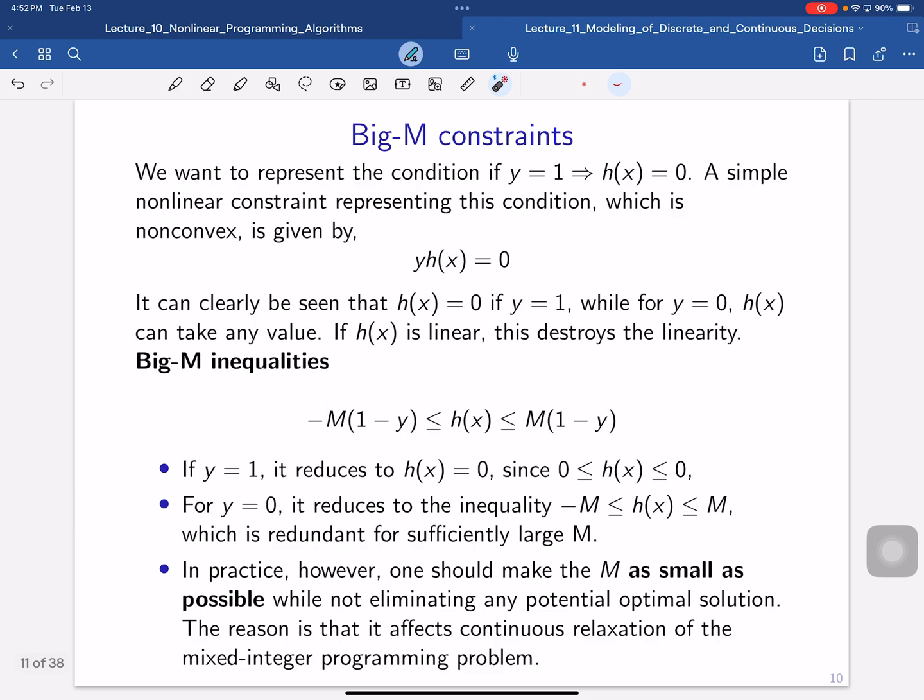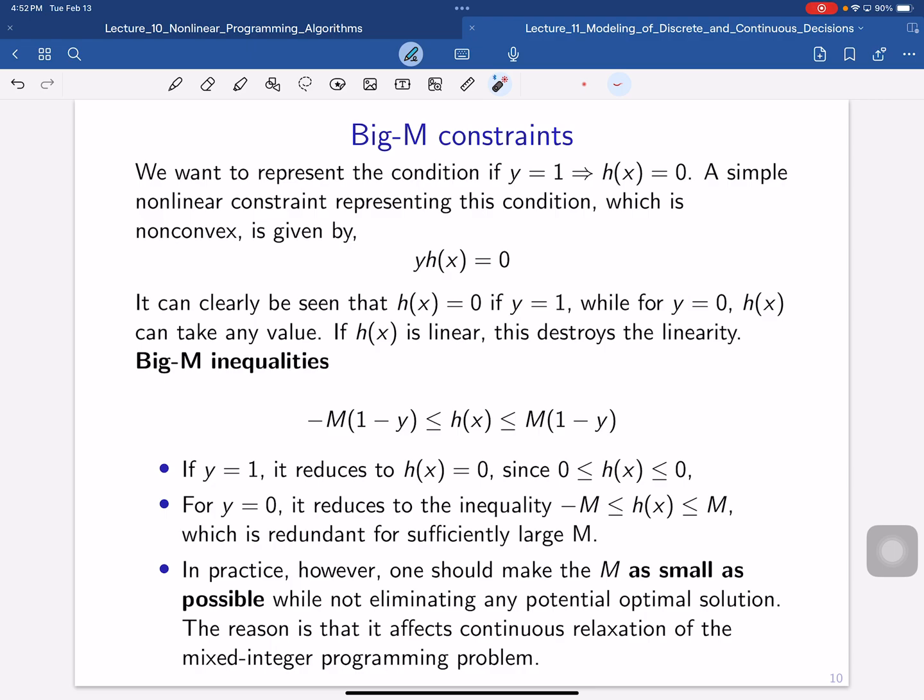Yeah, so let's continue with the big M constraints. Recall that what we want to express is if y equals 1, then we have this constraint hold. It's easy to see that this logic can be expressed as y times h(x) equals 0. Remember, y can only take values 0 or 1.